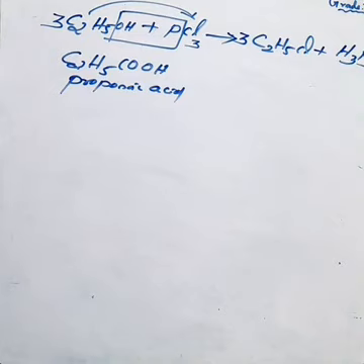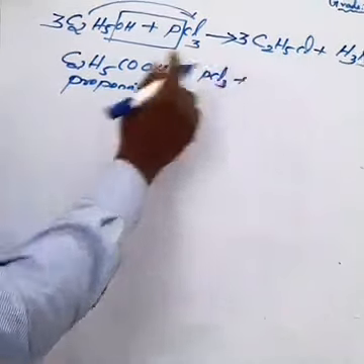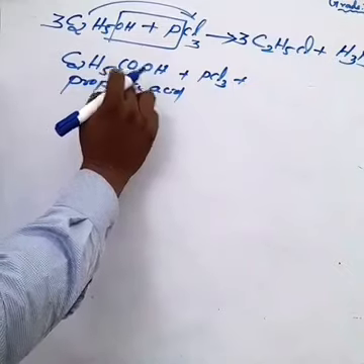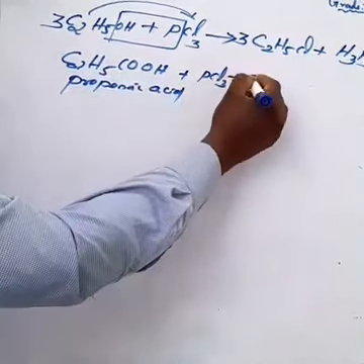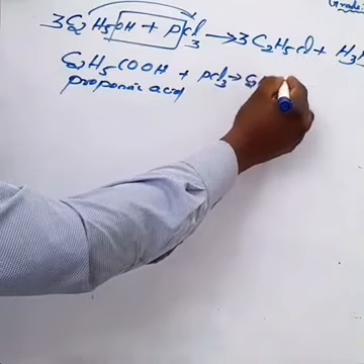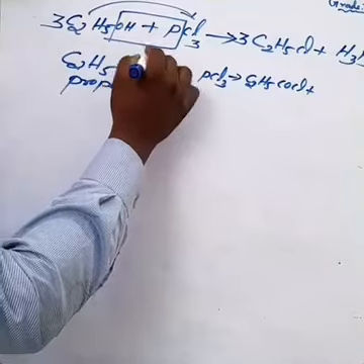C2H5COOH, propanoic acid. This one reacts with the PCl3. Here, this chlorine combines with the C2H5CO group. We get C2H5COCl, and one more product.